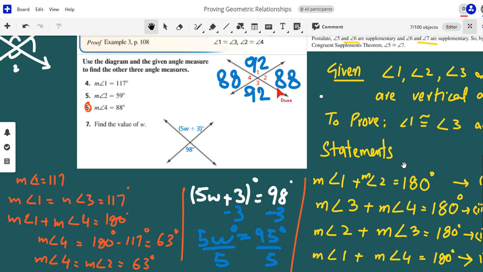Excellent. Now remove them and solve question number 5. 121 degrees. Okay, excellent. I think it's been enough for today, right?